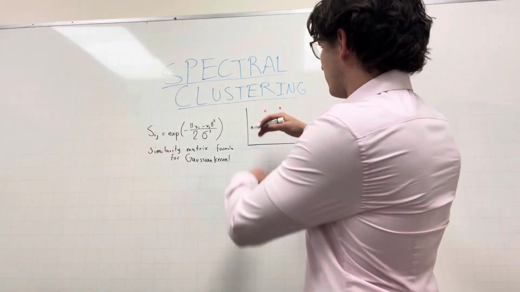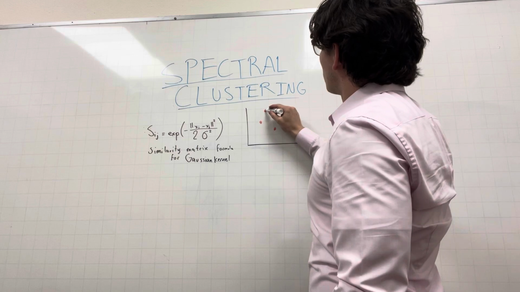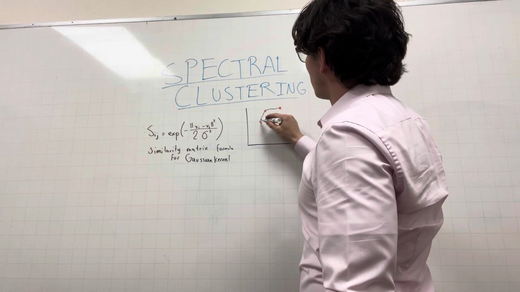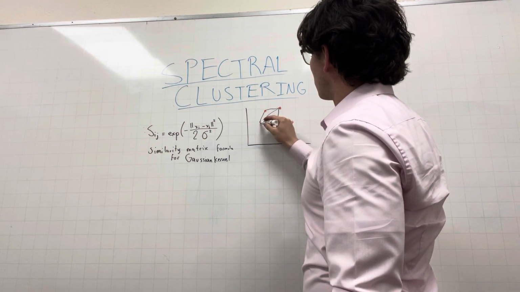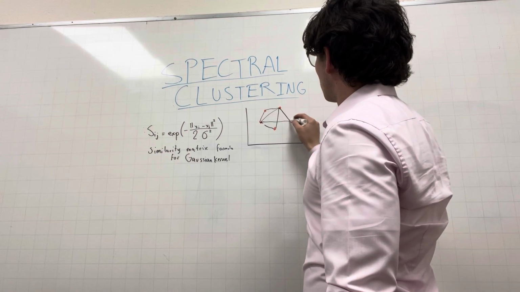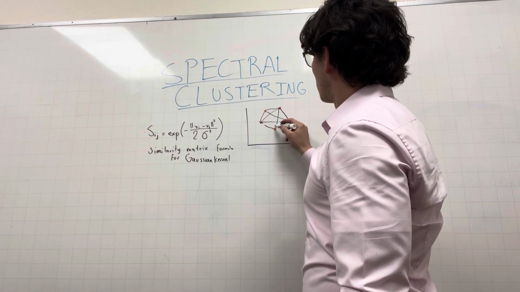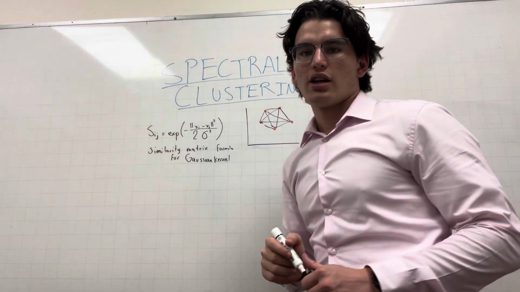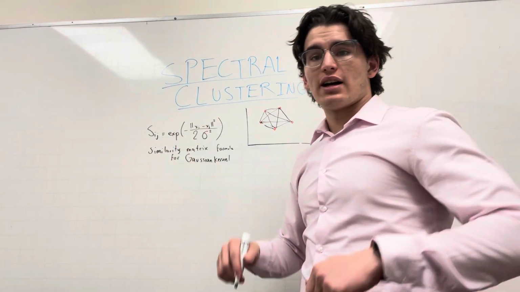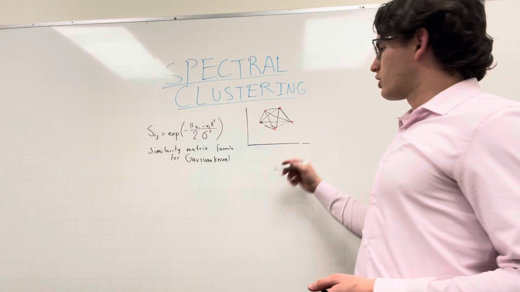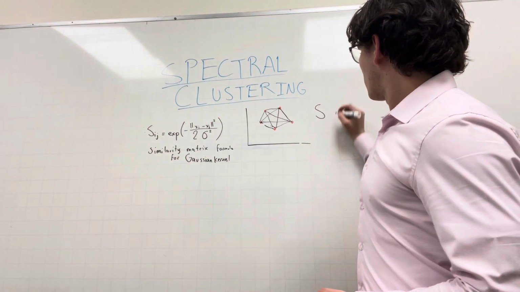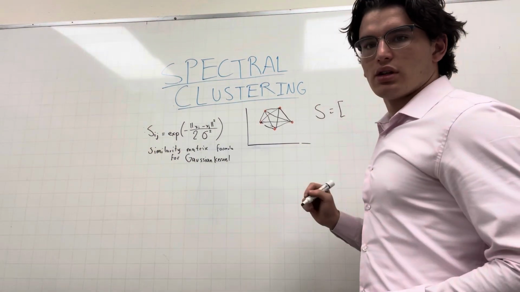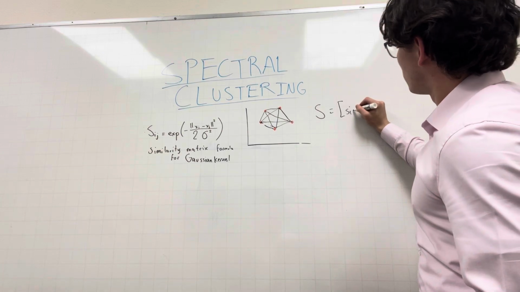For example, if this was our dataset, we will create similarities like these ones. And it will create a similarity matrix called S, which is the similarities.